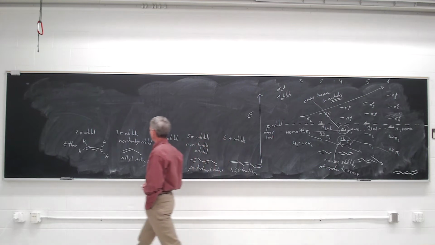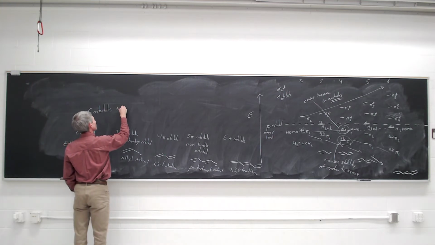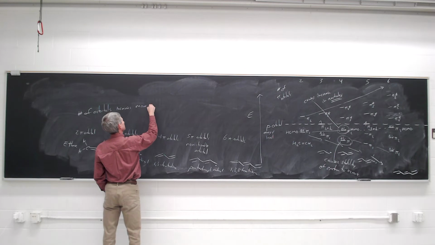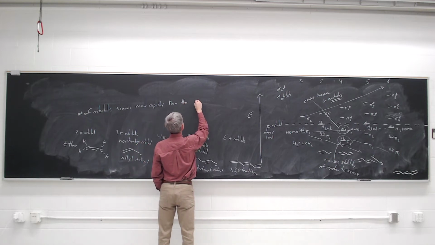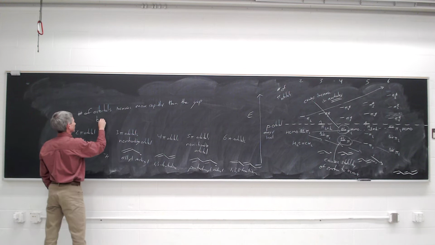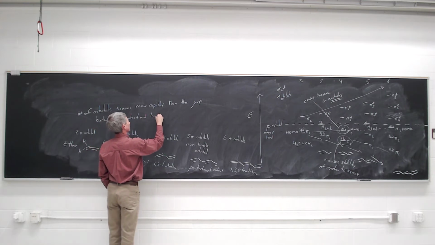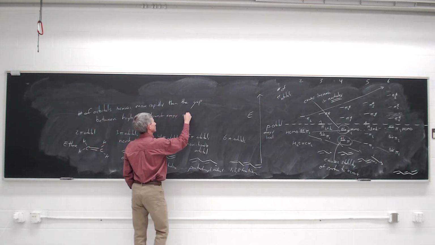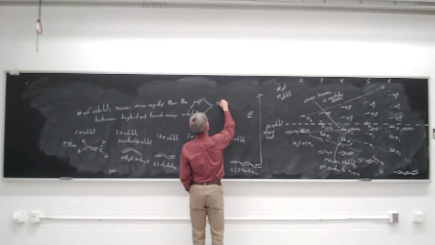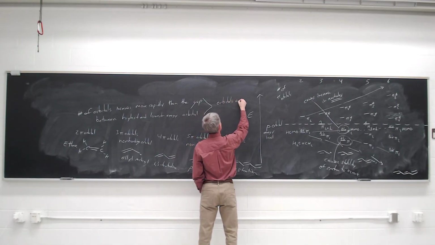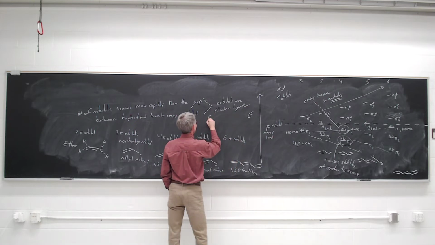What we'll find, though, is that the number of orbitals increases more rapidly than the gap between the highest and lowest energy orbital, and the effect of that is that the orbitals get closer together for the longer system.